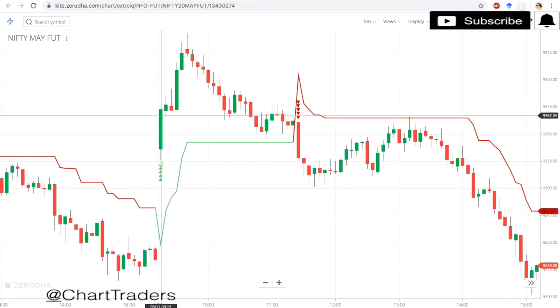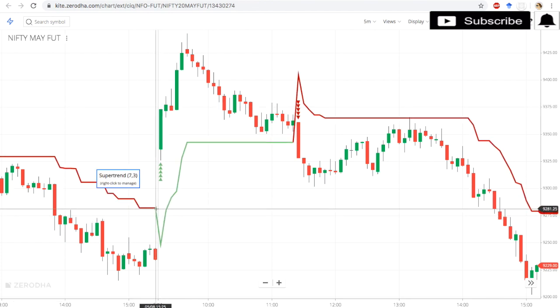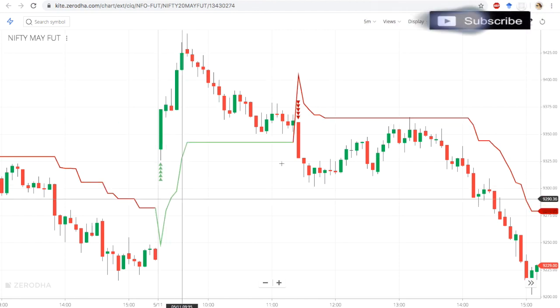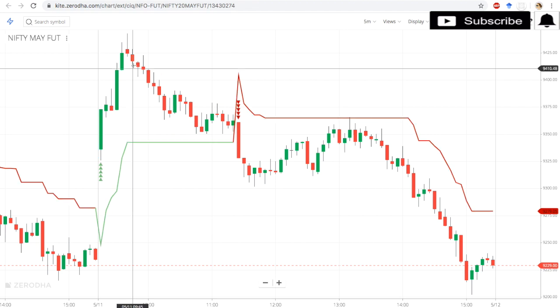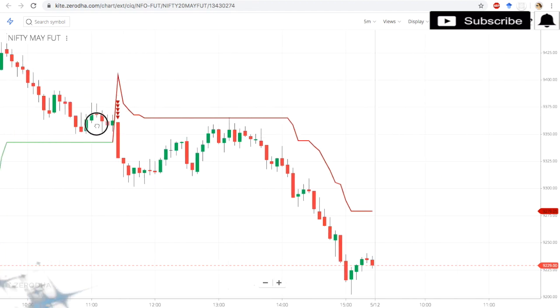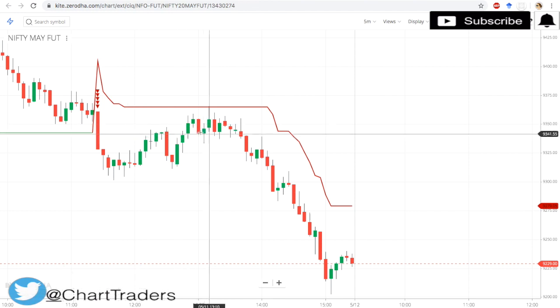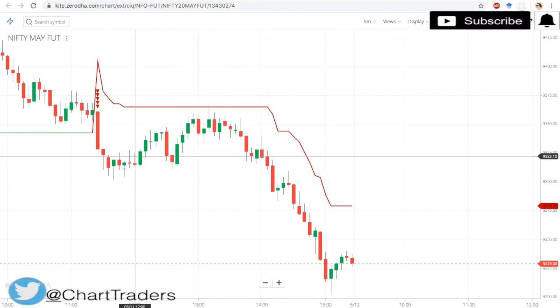So whenever the price closes above this line, you can look for a buy. Whenever the price is above this green line, you can look for a buy opportunity. When the price is below this red line, you have to find a sell opportunity.